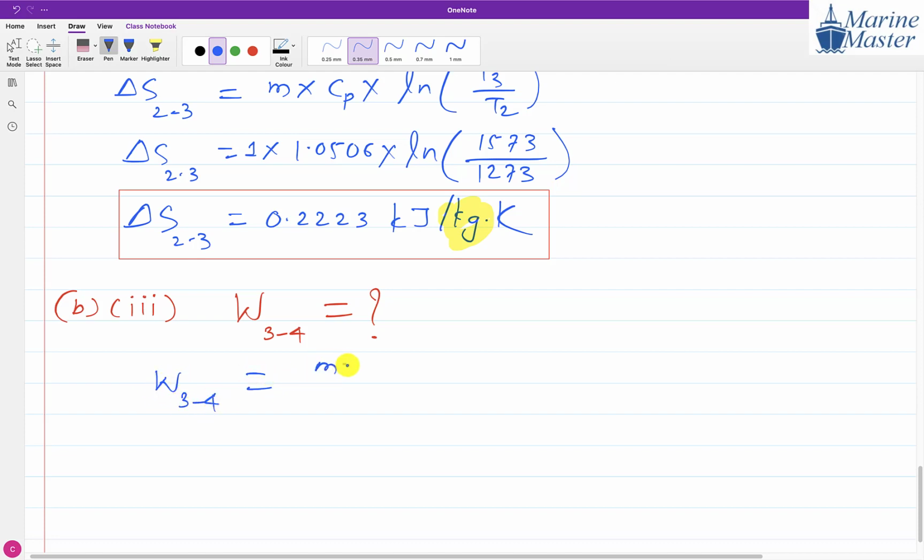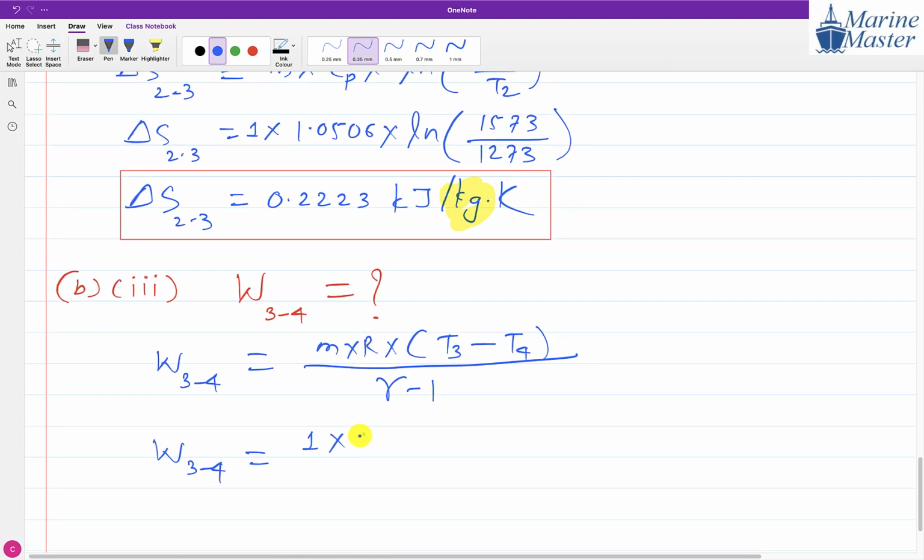And how to get the W 3-4? What is the relation we have seen? For the isentropic process, m R (T3 minus T4) divided by gamma minus 1. We have seen T1 minus T2, but here it is 3 to 4, so that's why T3 minus T4. And they said per kg, so mass is 1 kg. R, how much did we calculate? 0.3003.